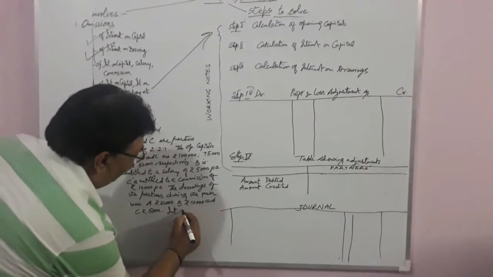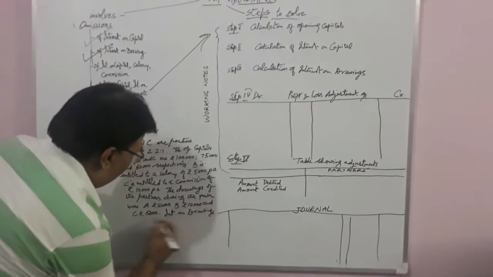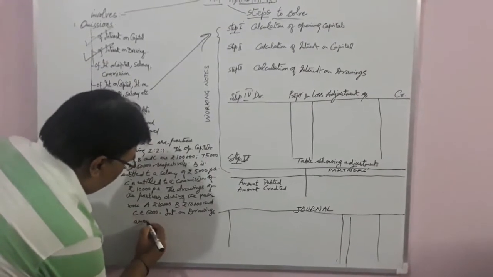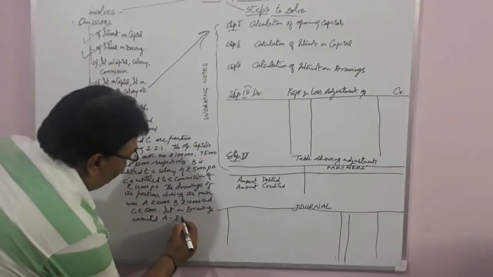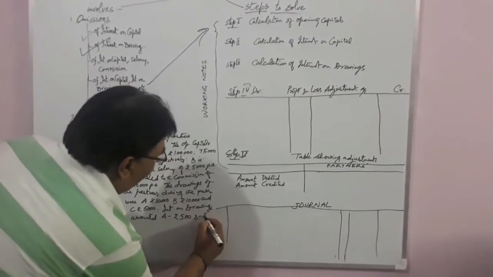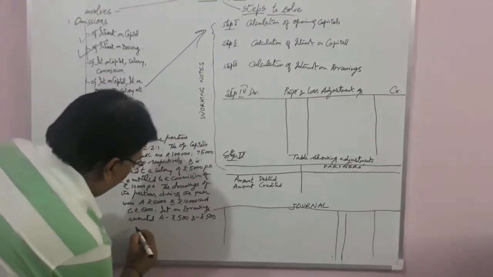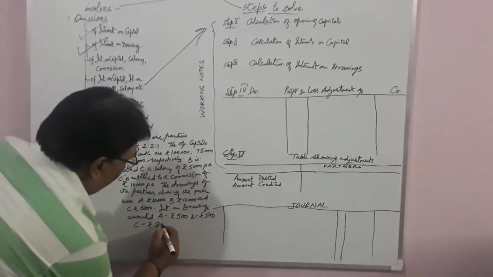Interest on drawings amounted, for A rupees 500, for B rupees 500 and for C rupees 300.